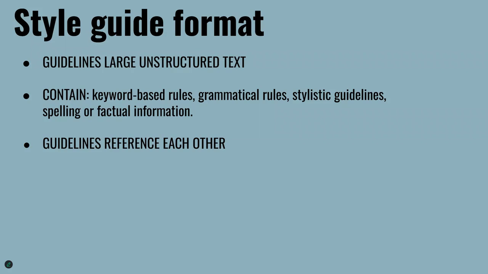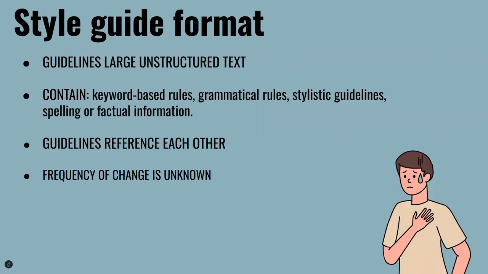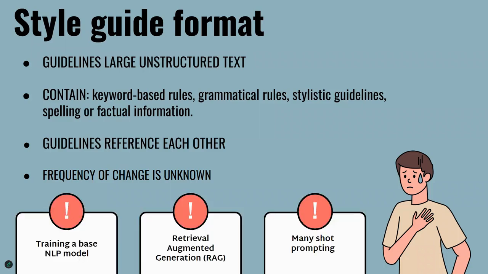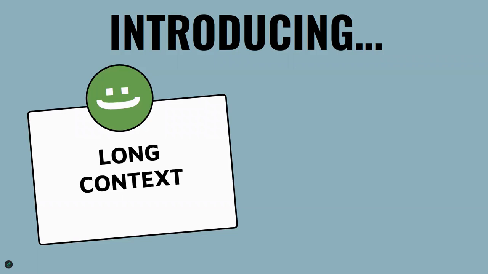The frequency of change of these style guides is unknown. Depending upon the news cycles, some of these may change very rapidly and then not change for the next 6 months. It depends on the news cycle. Due to these factors, traditional model building or prompting techniques get more complicated. This is where Gemini's long context window is really helpful.